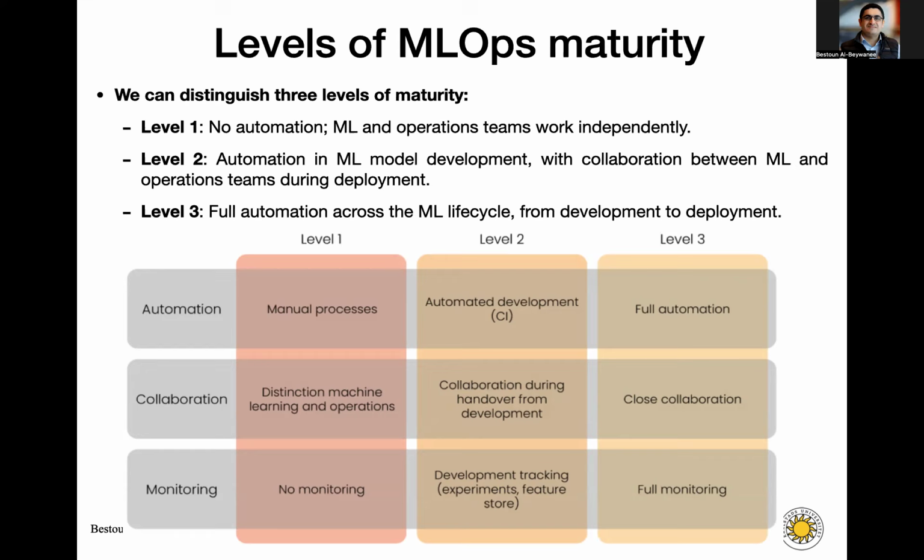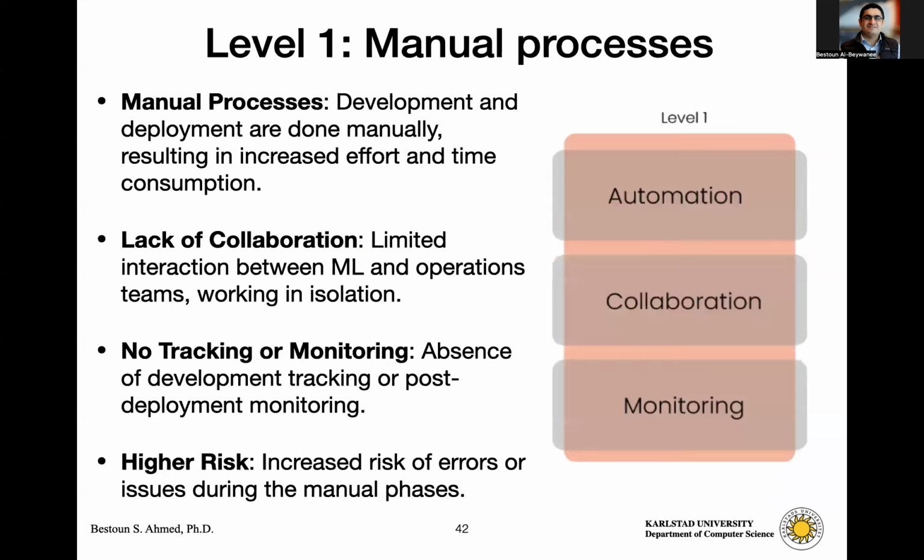Level 1 basically means that there's no automation at all. And it's a classical thing. You develop the model, you do everything offline, and you send it to the deployment guys, and you say, deploy this for me. There is no collaboration, there is nothing. Also, there is no monitoring. Everything is just like the classical data science thing.